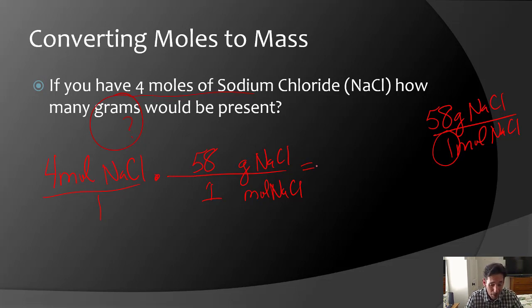So when I do the math, the moles of sodium chloride will cancel out. I'm going to take 4 times 58. I think that comes out to be 232. Check me. My units will be left as grams of sodium chloride.